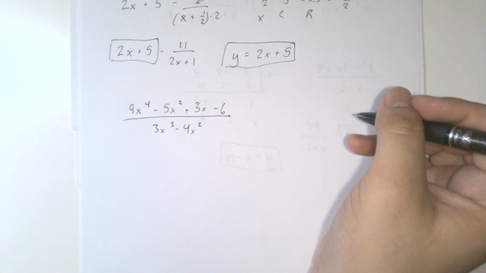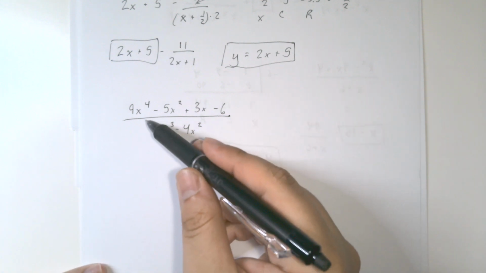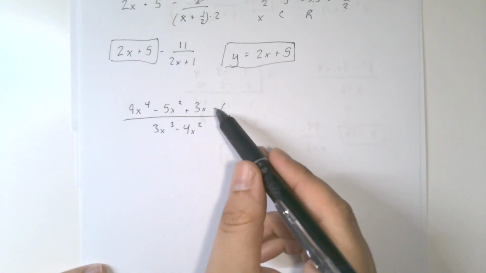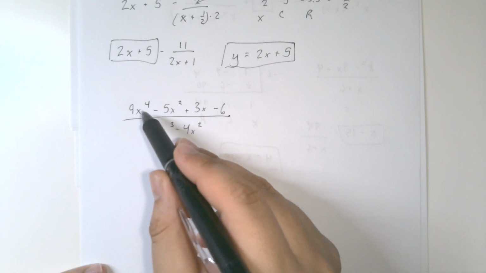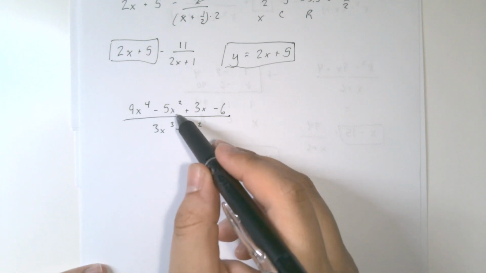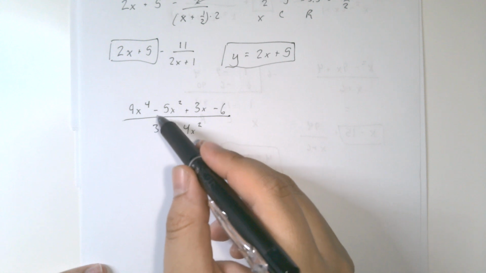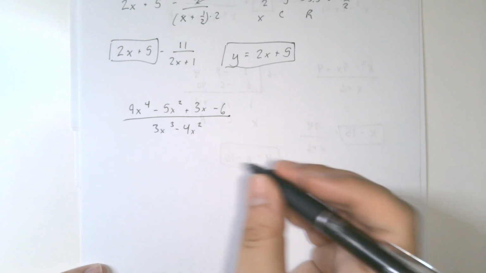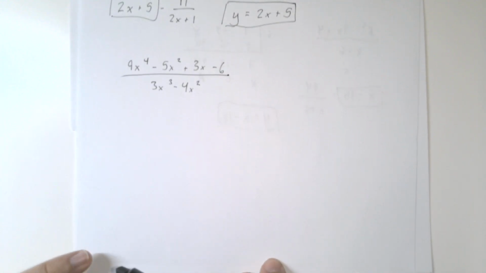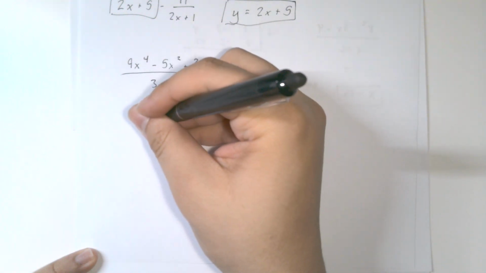polynomial long division, again, we have to make sure that we don't have any gaps in our terms. This is in standard form, but it goes from x to the 4th to x to the 2nd. We're missing our x cubed term. So when we're setting this up, we have to be mindful of writing that in.